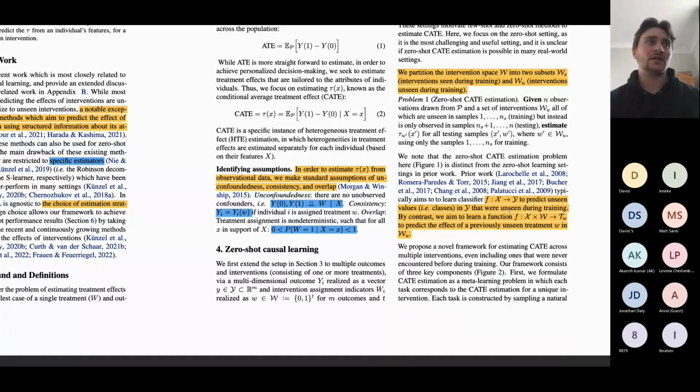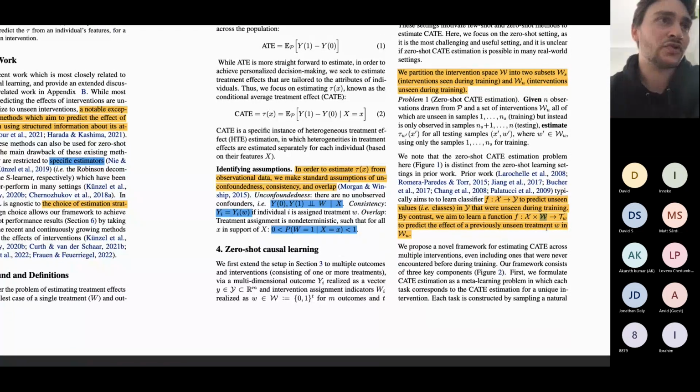In the normal zero shot supervised learning case, ImageNet has 1,000 classes. You train on 900 of them, and then you see how good it is at classifying the other 100. So that's the zero shot setting where you have unseen classes. But here, you actually have unseen treatments. So actually, a component of the input to your model is unseen, and it never sees those.